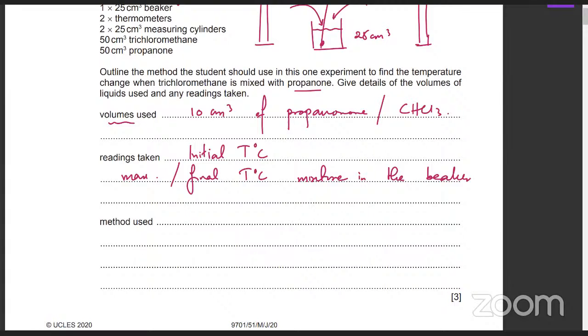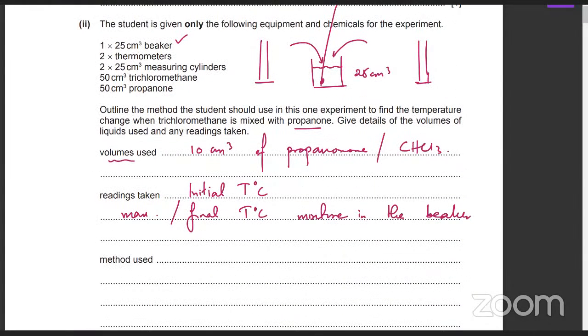The method used is going to be the maximum temperature reached. Sir, why are they using 10 cm3 of propanone? You see, the beaker that you're mixing it in has a maximum capacity of 25.